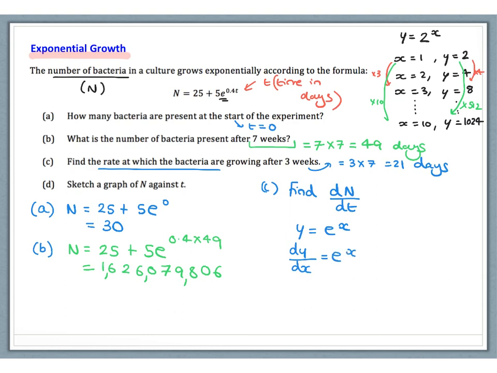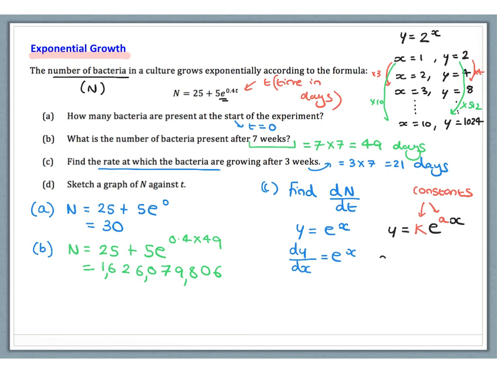Now, if we introduce some constants, so let's say y equals k, which is a constant, so it will essentially represent some numerical value, e to the power of, let's say, ax, and let's make it very, very clear that these letters represent numerical values, so they are constants.